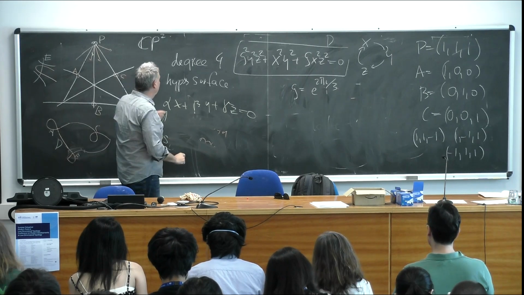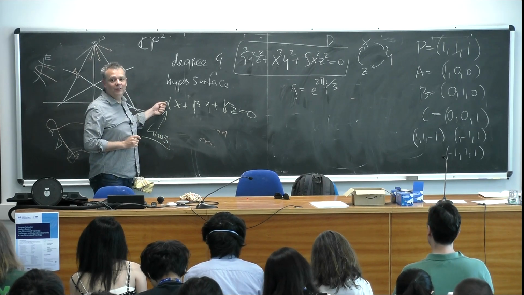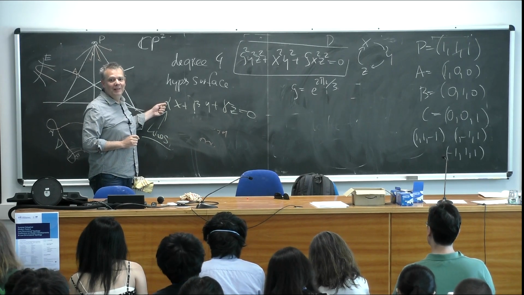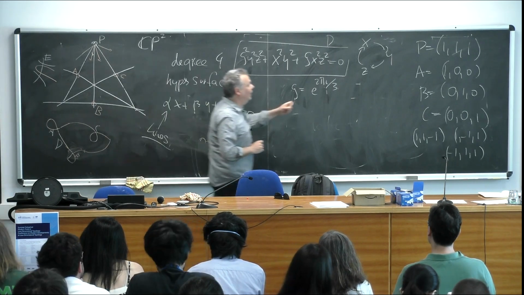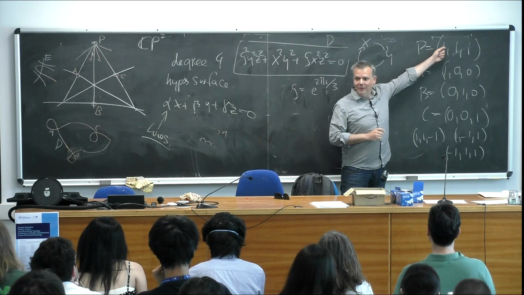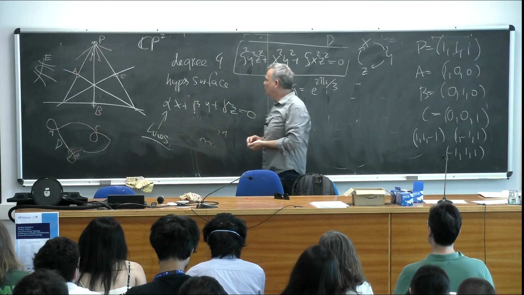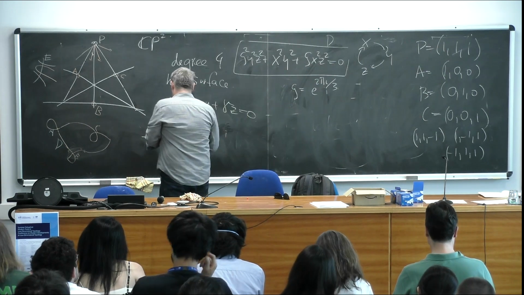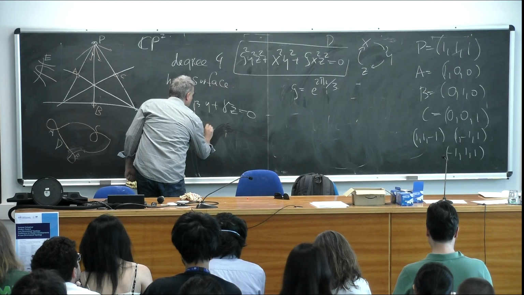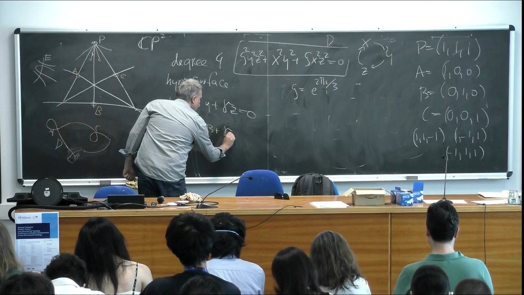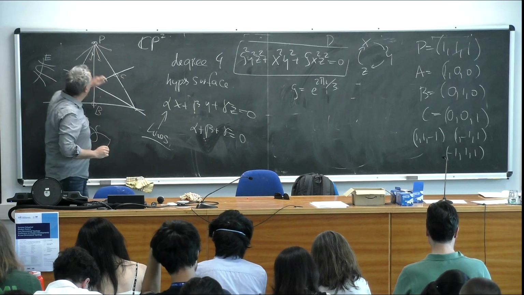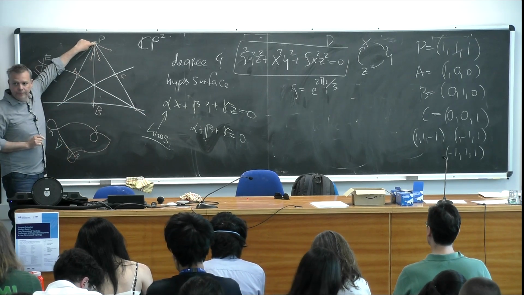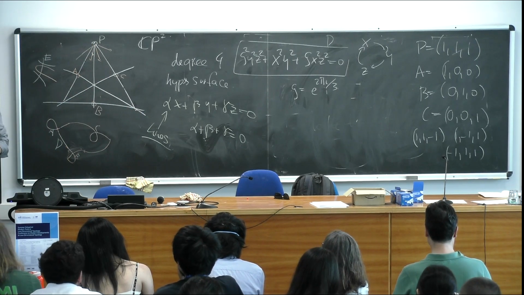But, of course, I could multiply them with a complex number. It's the same line, so I don't have 3 choices. I have just 2. In fact, I have just 1 because it has to go through P, right? So these are all the lines that go through P. Okay? Let's look at what happens with any one of these lines.